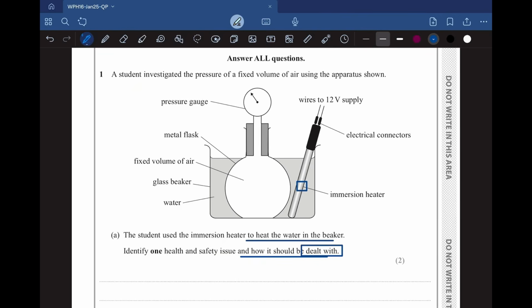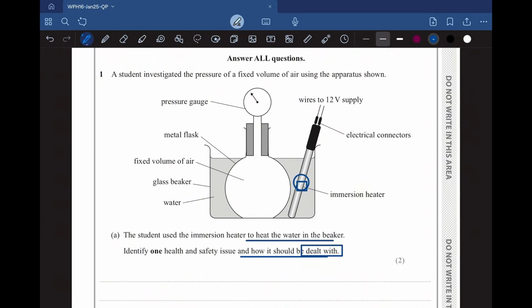So basically the first thing that comes to my mind is this immersion heater is going to heat the water, right? So this immersion heater itself is going to be very hot. Now as it is going to be very hot, before removing the immersion heater from the beaker, we will have to switch off the immersion heater so that its temperature gets lowered, right?